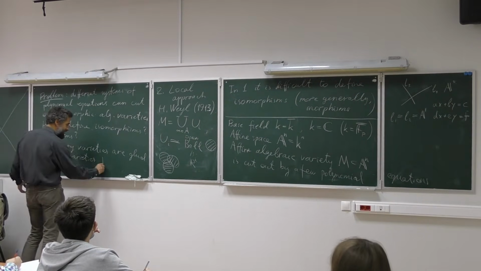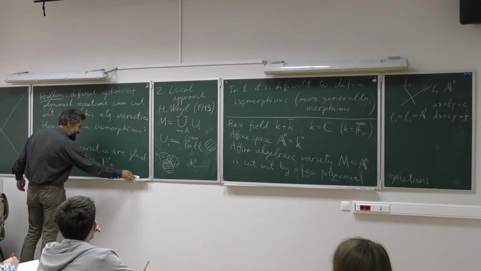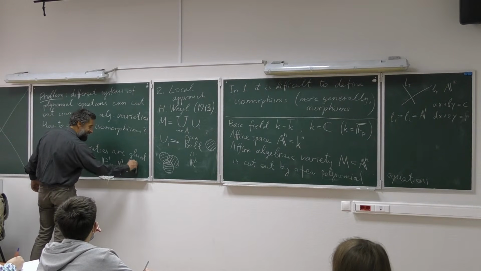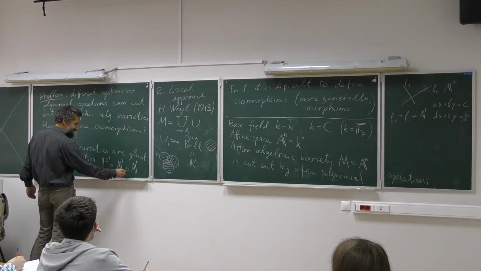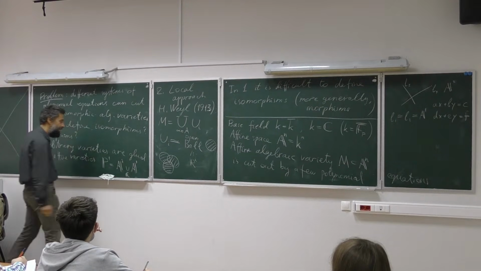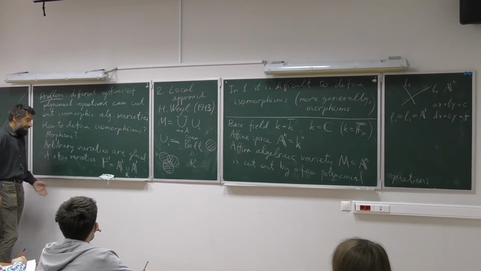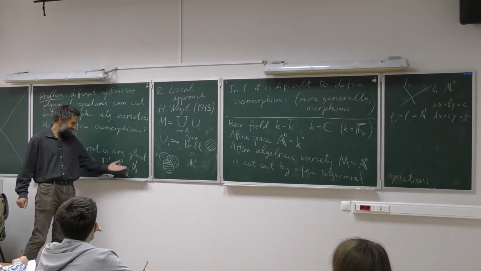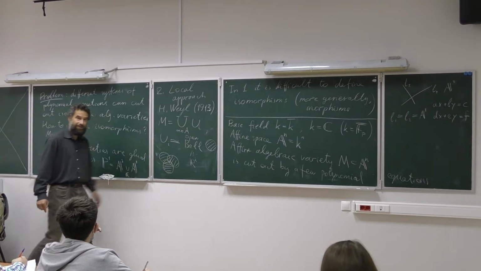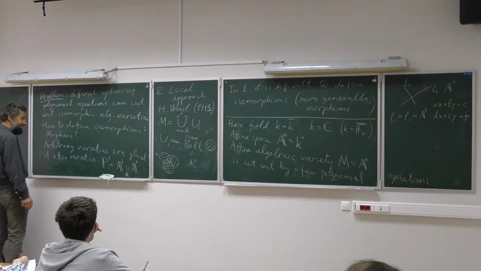For example, like P^1 is the union of two copies of A^1, the union over the punctured A^1, or like say the multiplicative group, and then we have to define some morphisms from intersections to bigger varieties and things like this.